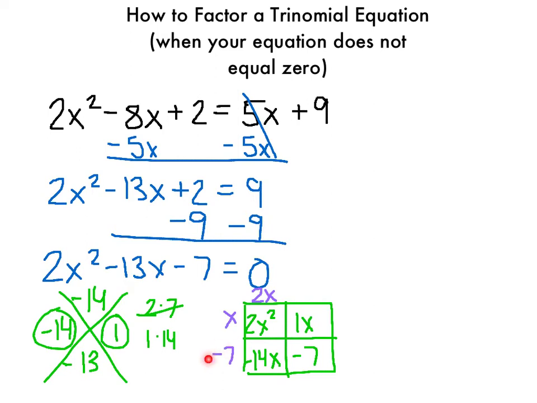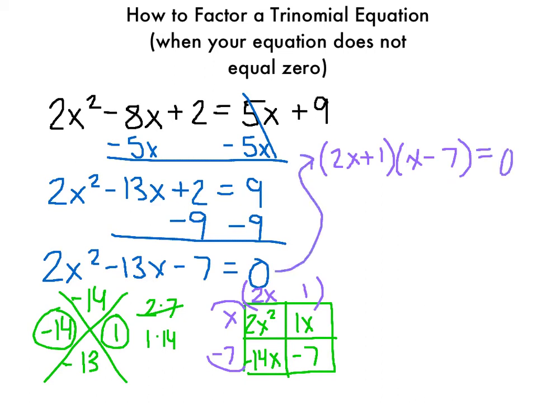Negative 7 times what is going to get me negative 7? Well, if it's unchanged, it's going to be 1. So here's our answer, or so far our answer after we factor it. I'm going to write it up here. So we have 2x plus 1 times x minus 7. And don't forget that equals 0 because we made it equal 0 down there.